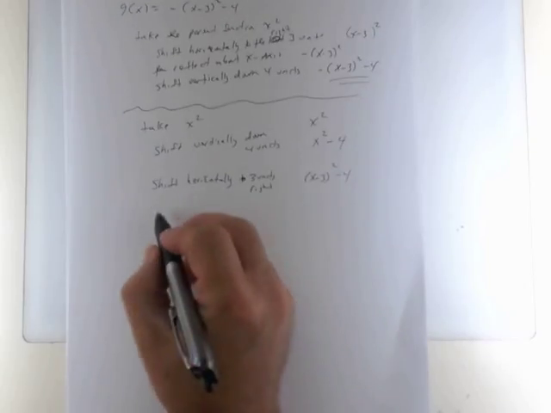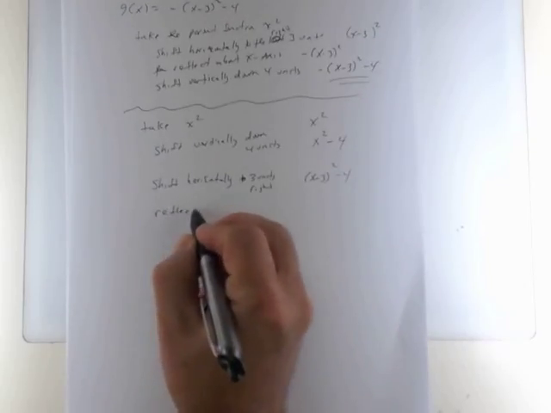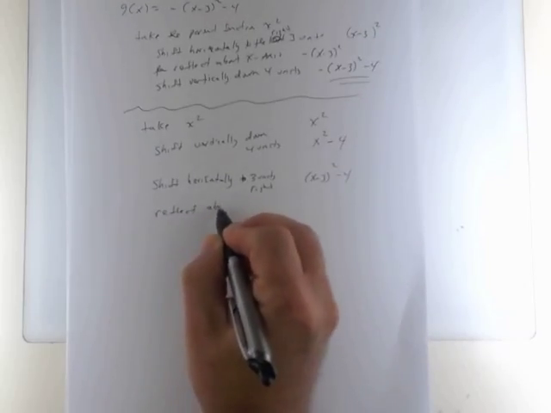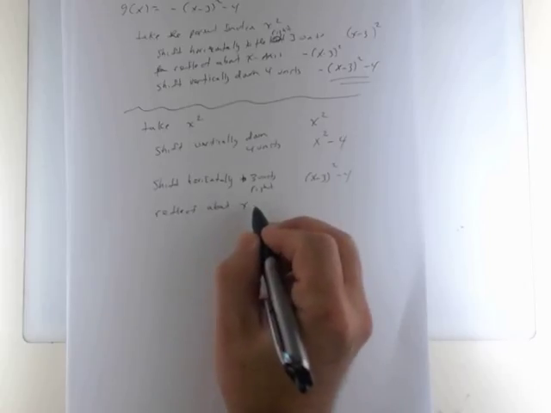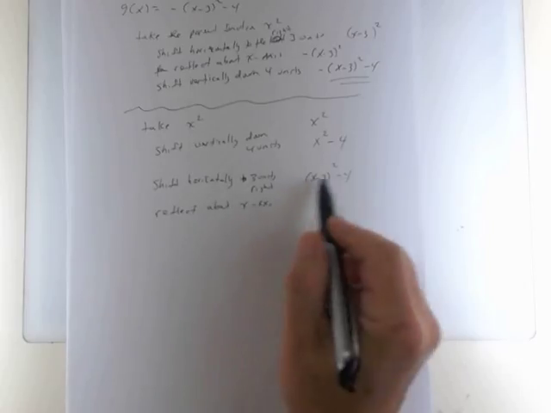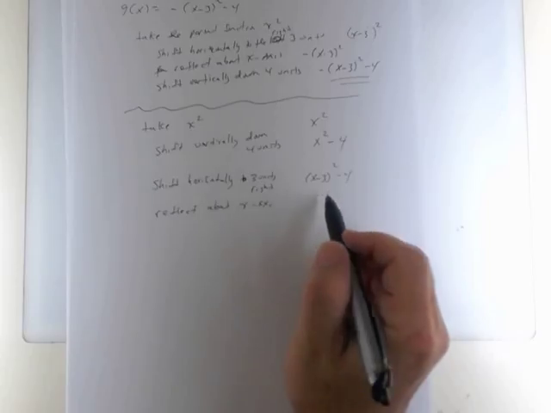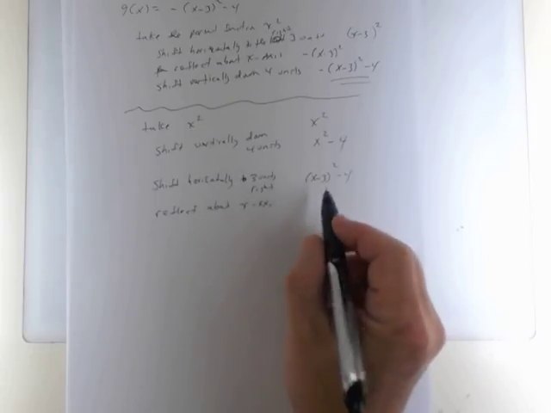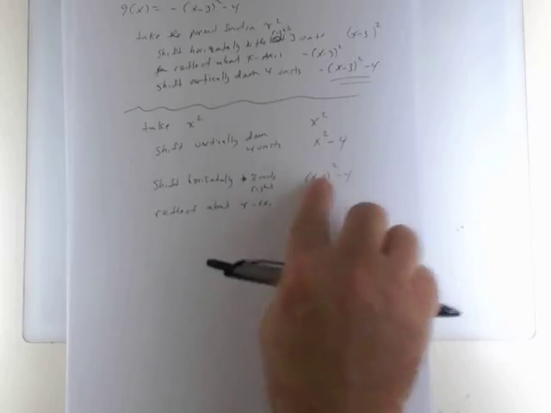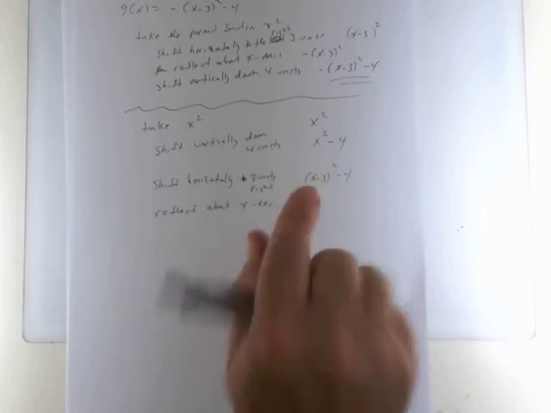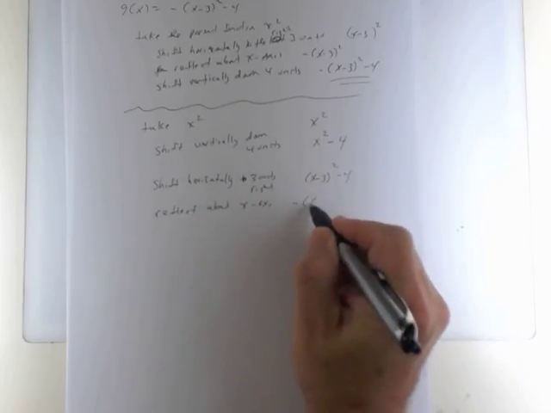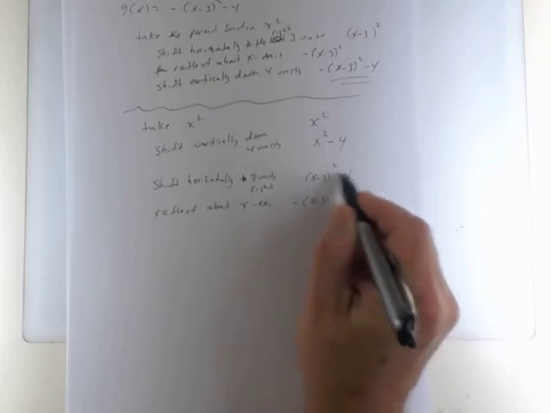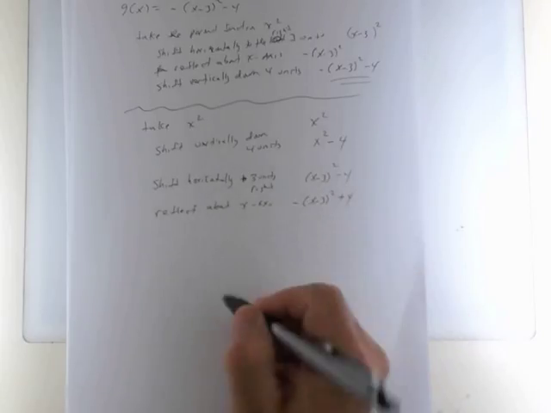All right, so then what if I reflect about the x-axis? Now remember, I take this and I got to multiply by -1. Okay? So when I reflect about the x-axis, what does that become? I got to multiply everything by -1. What does this become? Plus 4.